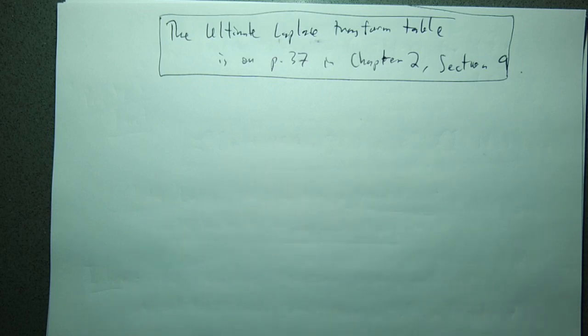This is the only one that you're going to need. Okay, so how do we actually apply any of this to actually solving stuff? So there's one more property of Laplace transforms that we need.